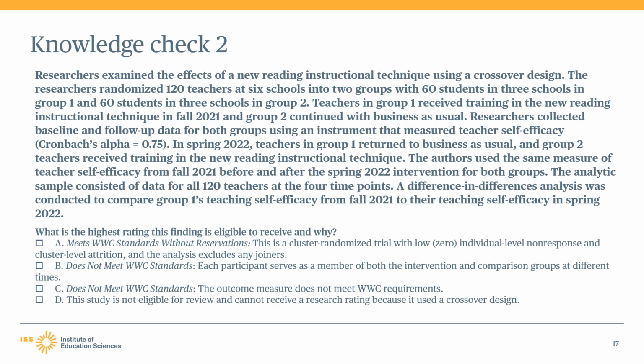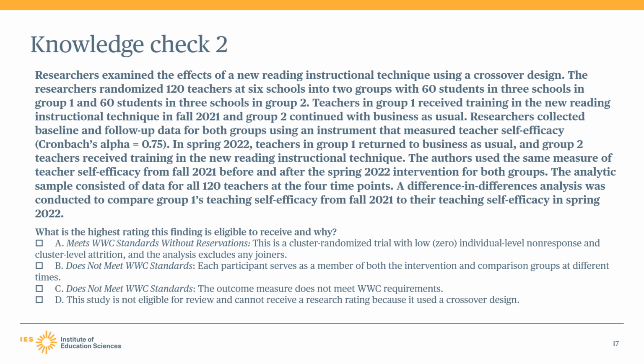In spring of 2022, teachers in Group 1 returned to business as usual, and Group 2 teachers received training in the new reading instructional technique. The authors used an alternate form of the same measure of teachers' self-efficacy from fall 2021 before and after the spring 2022 intervention for both groups, with a Cronbach's alpha of 0.82.